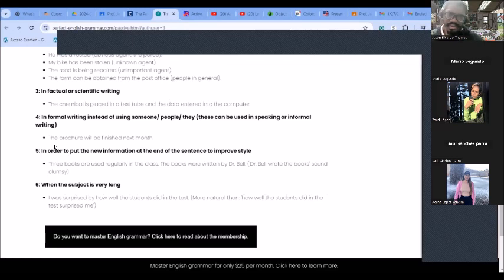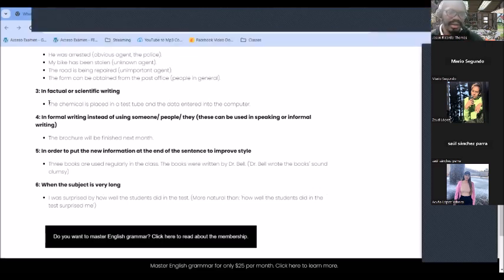Right, I'll read the example. The chemical is placed in a test tube and the data entered into the computer. Now, if you're doing an experiment, you would more than likely use the passive voice. You're not talking about the who, you're talking specifically about the actions, your observations.